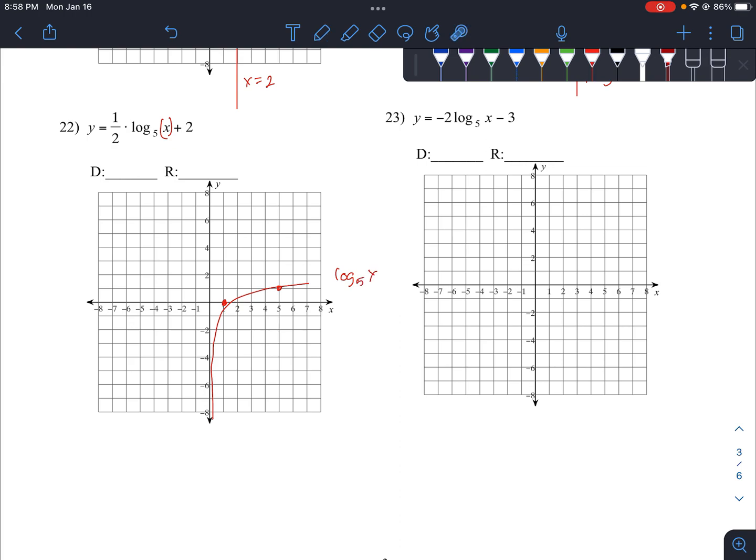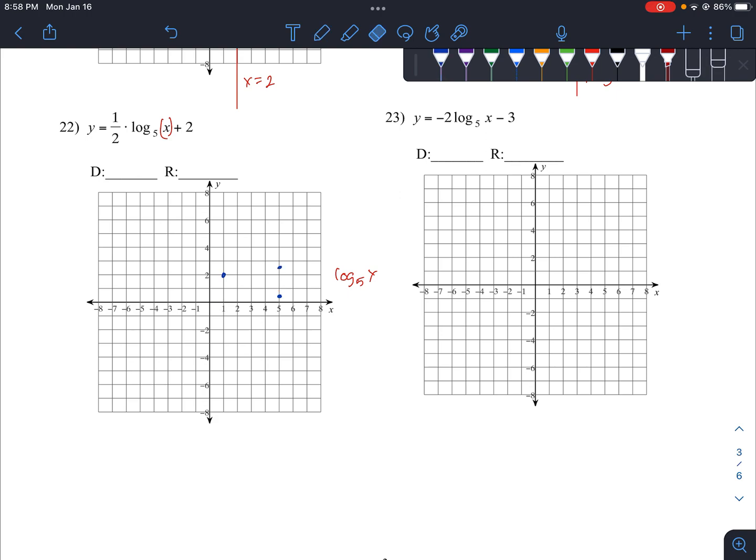Okay, now let's take the transformation. So a shrink by 1/2. Talking about the first point right here, if I shrink this by 1/2, it doesn't change because we're at the x-axis. I just need to shift it up 2. So 1, 2. Then this point right here, the distance from the x-axis is 1, so shrink it by 1/2, that would be right there, and I have to move it up 2, so 1, 2, right there.